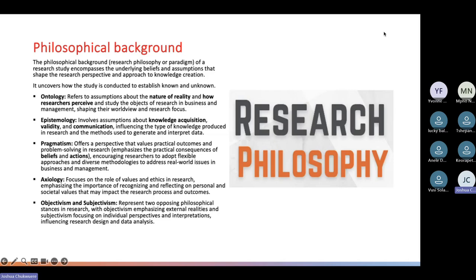In that case, what kind of philosophy will underpin your study? That can be a pragmatic kind of research, because you want to determine the cause, the consequence, and then be able to provide an actionable solution. So in this case, you're talking about the belief, and then the action, which is the reality, and then providing the action, which is the solution to that given problem.